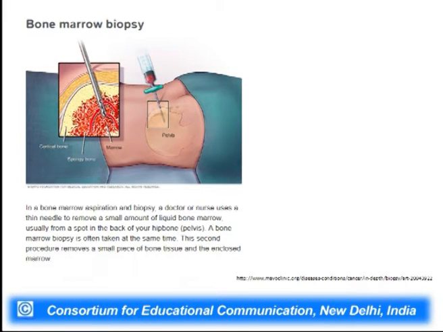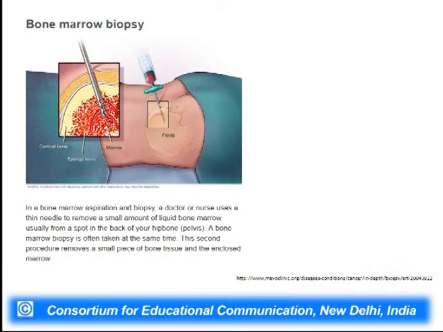Now, if we see the image over here, this image shows the bone marrow biopsy. In the bone marrow biopsy, a needle is inserted into the bones. Through these needles, aspiration is done. A small amount of liquid from the bone marrow is collected, and we can see this bone marrow biopsy is done from the back of the hip bone.